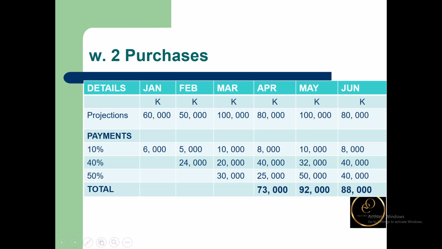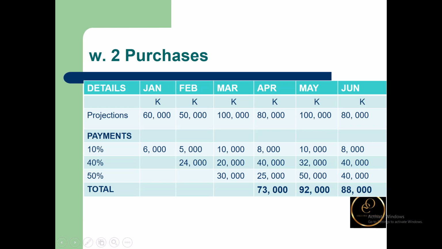We come to 50,000, which is the projected purchase in February. Similarly, 10% of 50,000, 5,000 in the month of February itself, 40%, which is 20,000 in the month following, which is March, then 50%, which is 25,000 in the month following March, which is April. We come to March. The projection for purchase is 100,000. 10% of 100,000 in the month of purchase itself is 10,000.